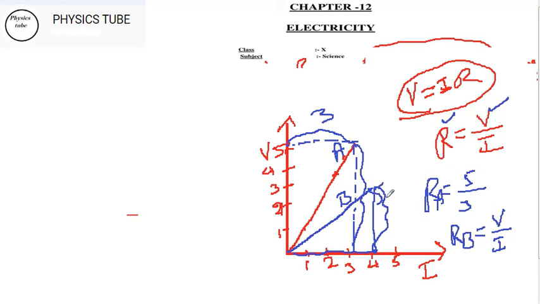So here you come to the point: if this is less, B is going to be less, and if this is more, A is going to be greater. So the answer remains RA is much greater than RB. It is very clear to you, I hope.